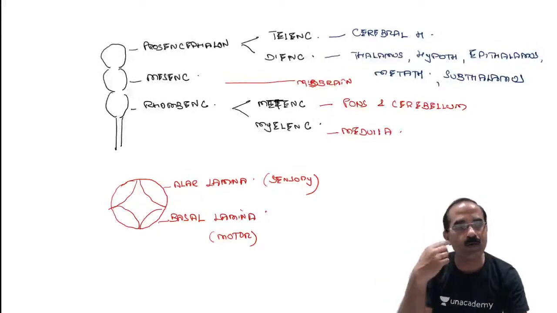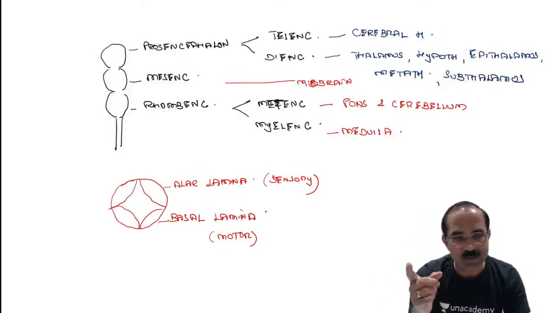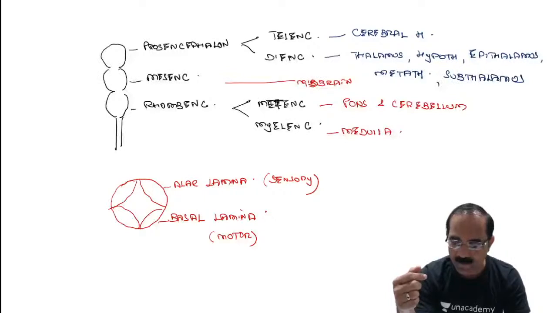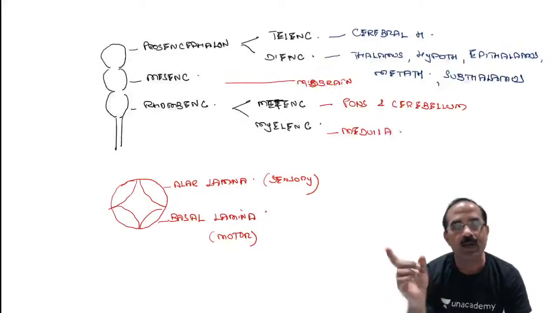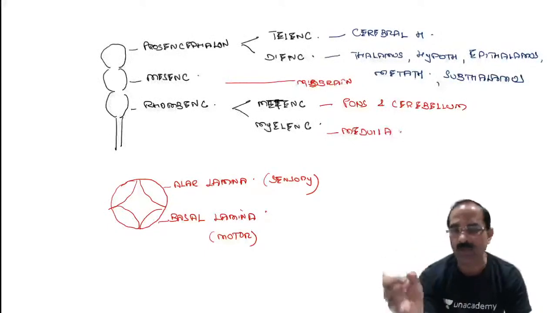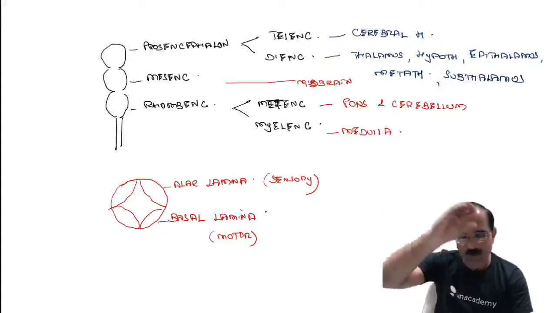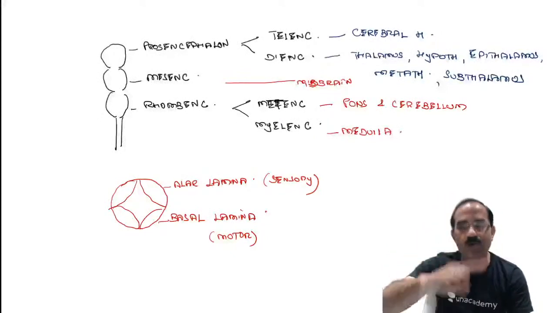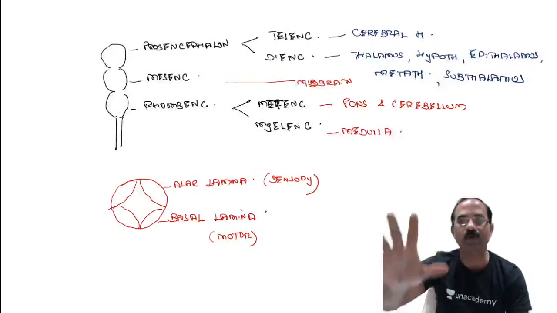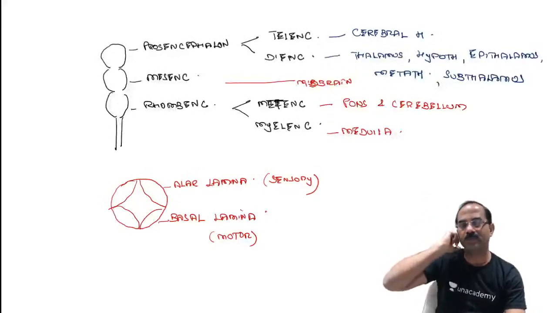The pons is derived from the metencephalon. So the motor nucleus of the facial nerve would be derived from the basal lamina of the metencephalon. Are you following, children?